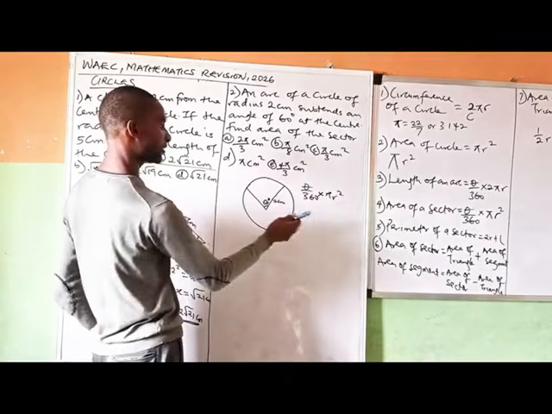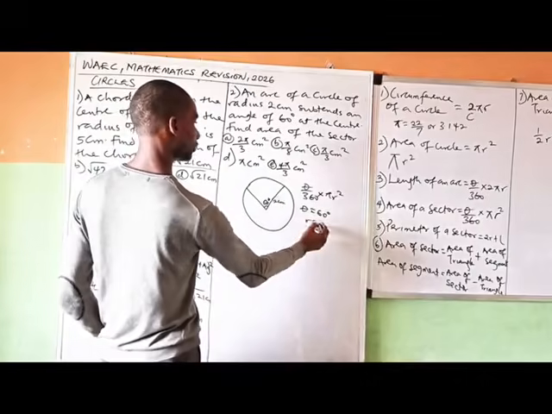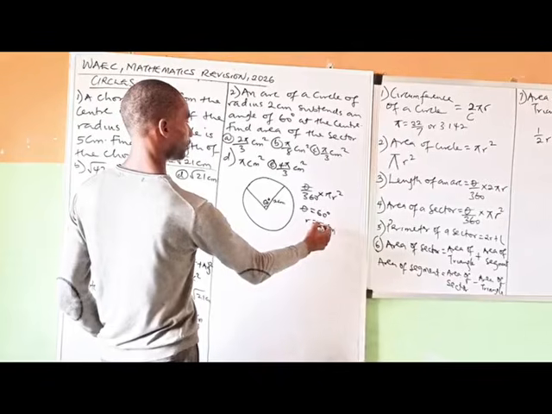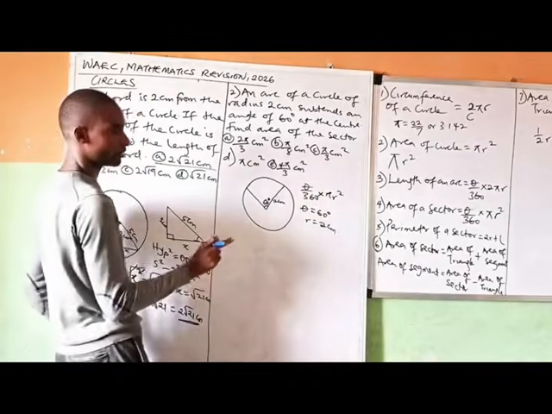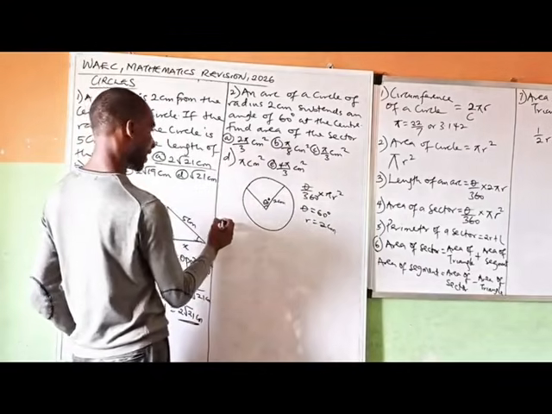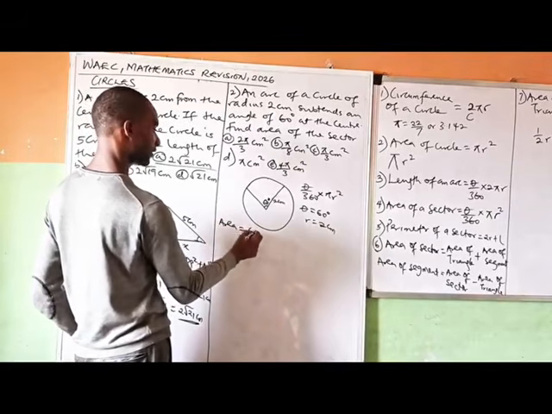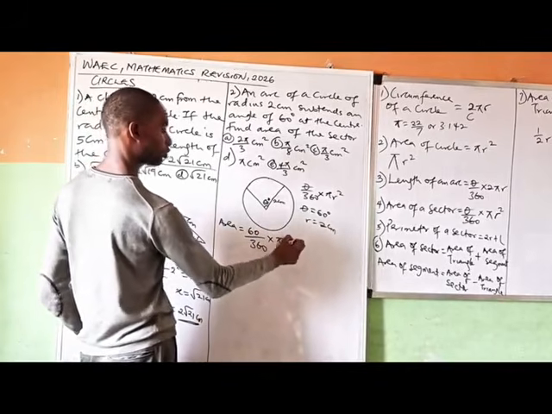So our theta is 60 degrees. Our radius is 2 centimeters. And because in the options you are seeing centimeters, you are not converting that. It's still going to be centimeters. So area of the sector will now be what? Area will be 60 over 360 times pi times 2 squared.